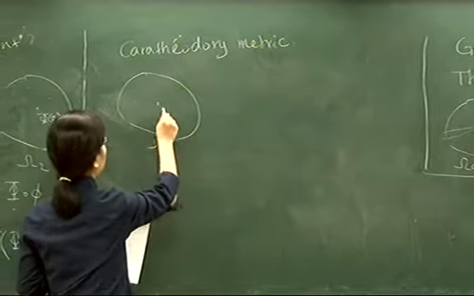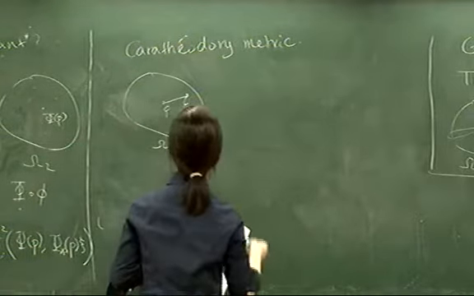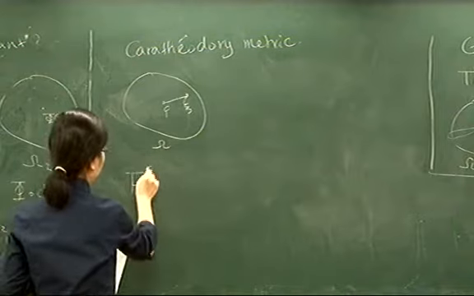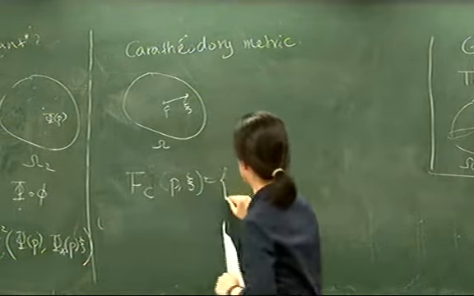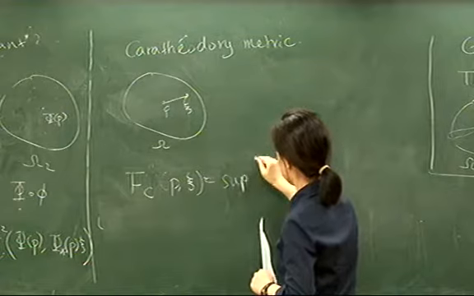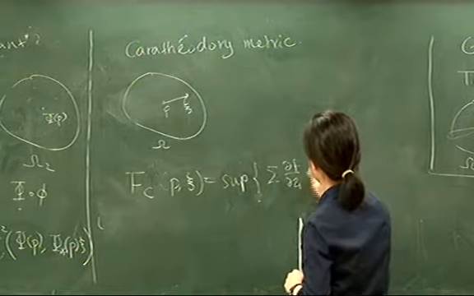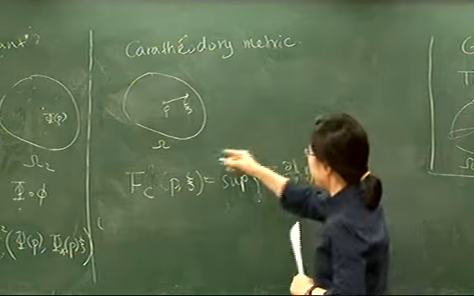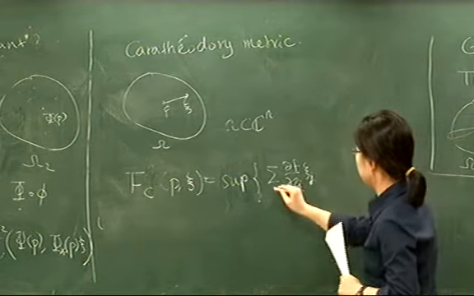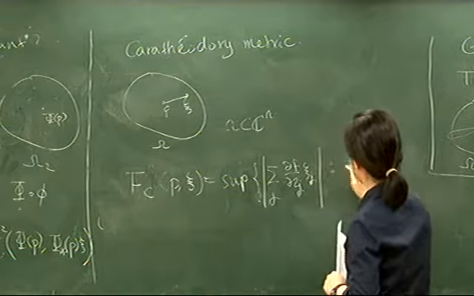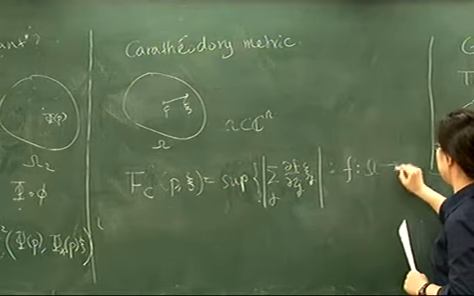So, again in the same setting, p inside the domain and ξ some vector, the Carathéodory metric, let's say C for Carathéodory, at (p, ξ) is defined as the supremum of the summation of ∂f/∂z_j(p) ξ_j, where Ω is in C^n and f is a holomorphic mapping from the domain Ω to the unit disk.